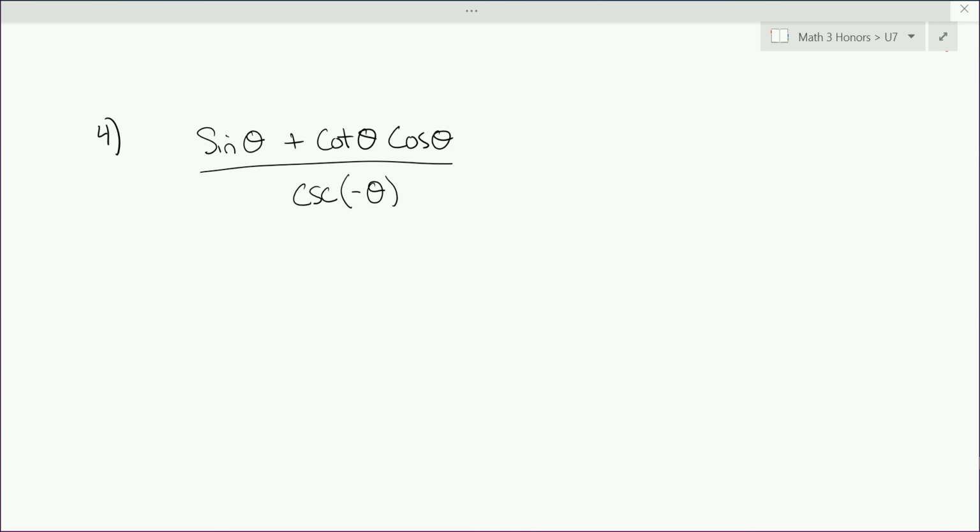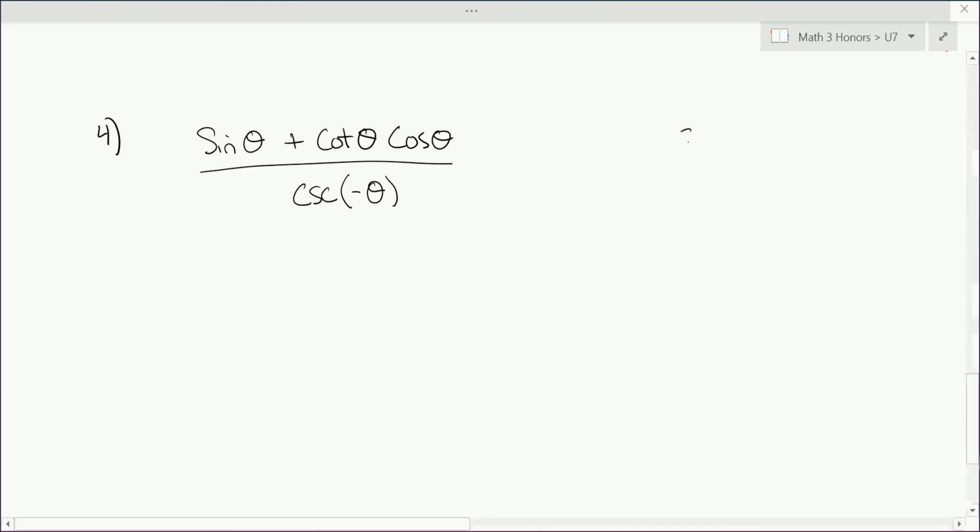So on 4, notice we have a cosecant of a negative theta. And so that angle does not match the angle for sine and cotangent and cosine. And when you simplify, you need to work with the same angle. And if you have a negative, you want to replace that negative with something else. So you have another set of identities, and they're called the opposite angle identities, right?